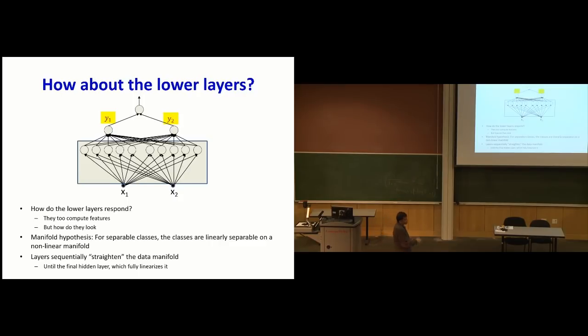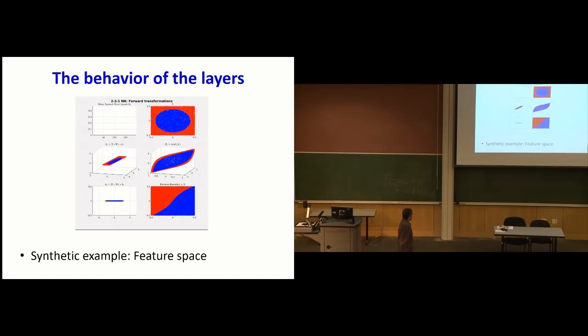And what this box is doing is taking this curved manifold in the high dimensional space and incrementally stretching it out such that it becomes planar. Then you can use a linear classifier on the plane. If this were indeed the case, the layers would be sequentially straightening the data manifold. Does that really happen? Let's take a look.